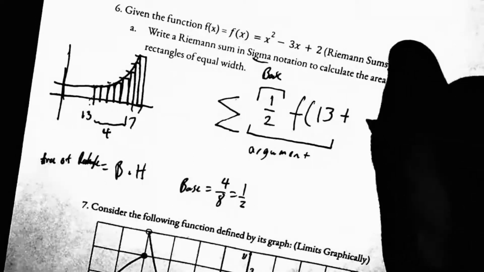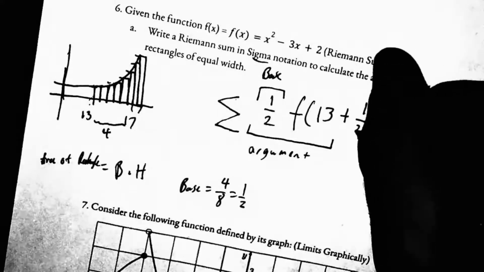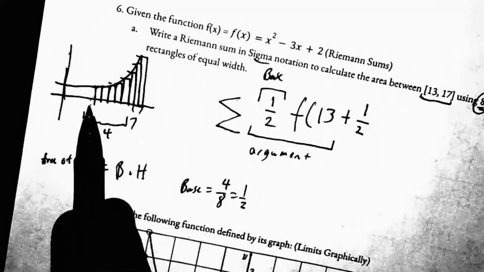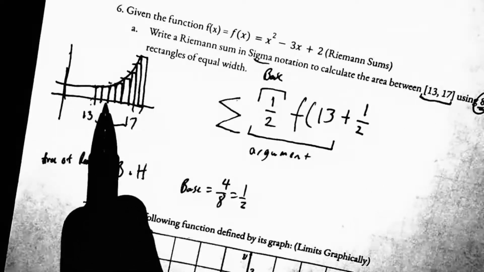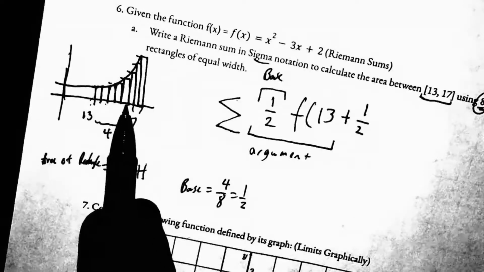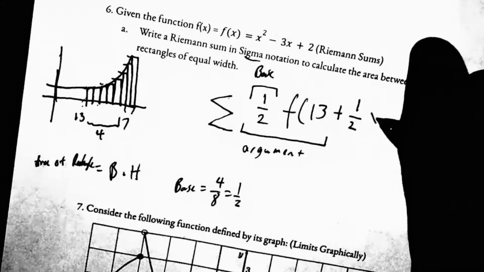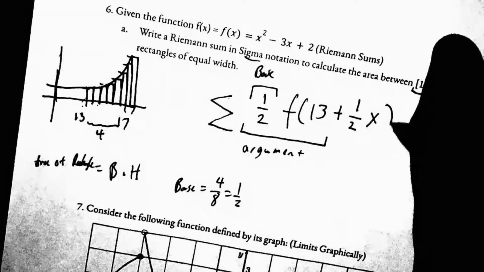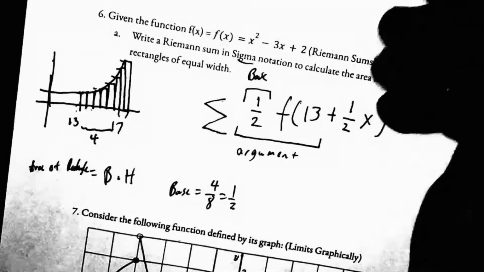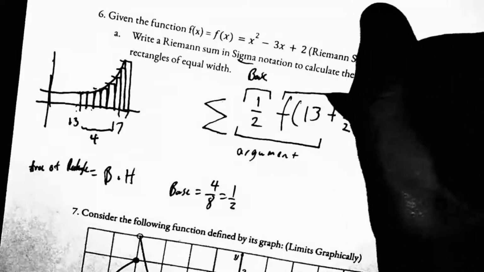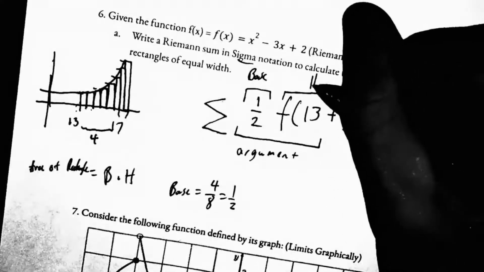So I'm adding 1/2 each time. 1/2, 1/2, 1/2, 1/2, 1/2, 1/2, 1/2, 1/2. That's going to be x, or you can use whatever variable you want. So this right here is the height.